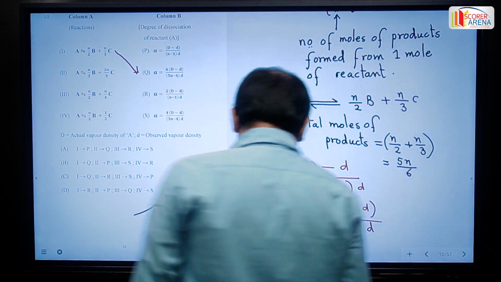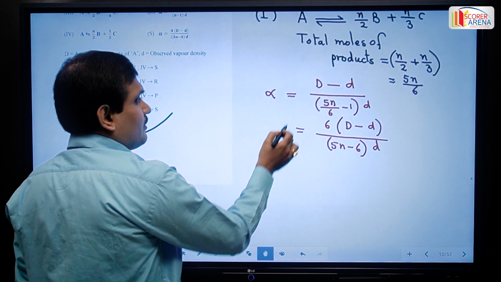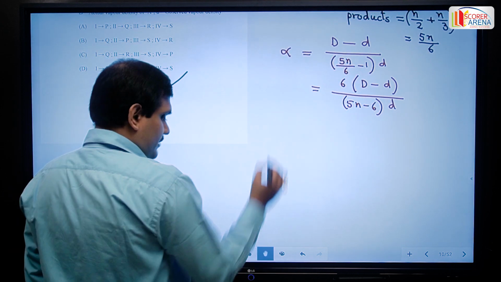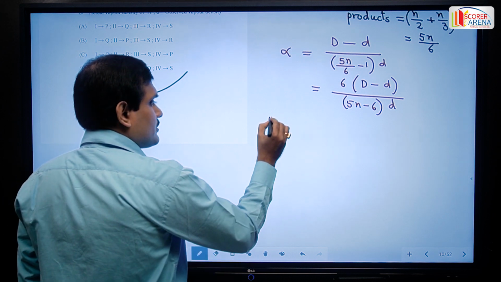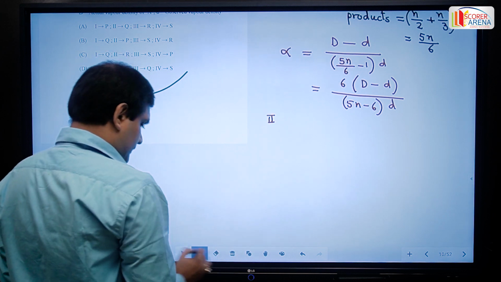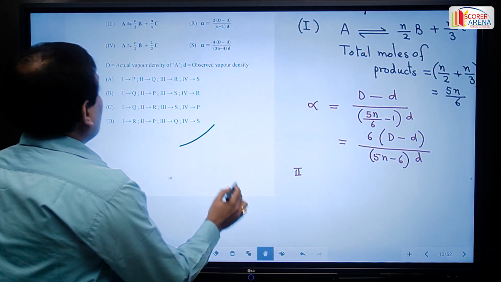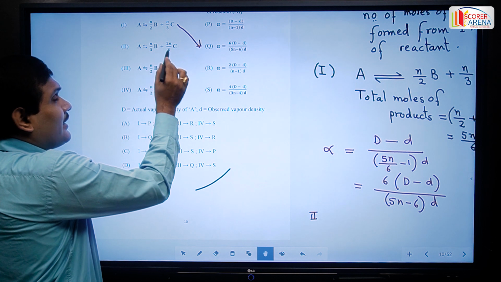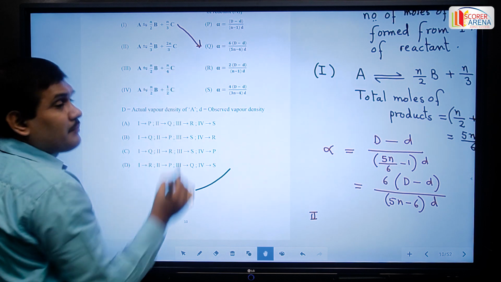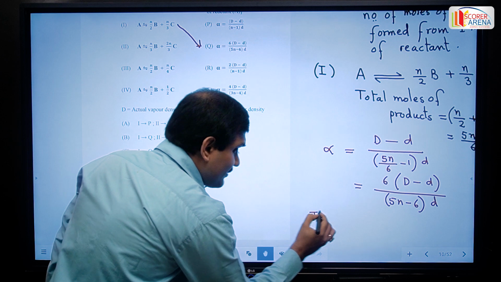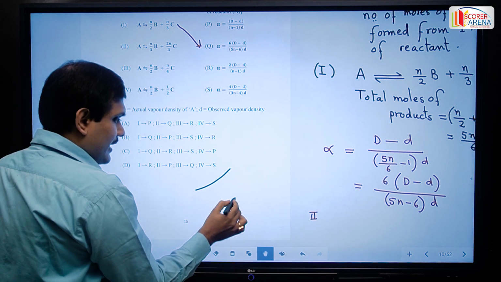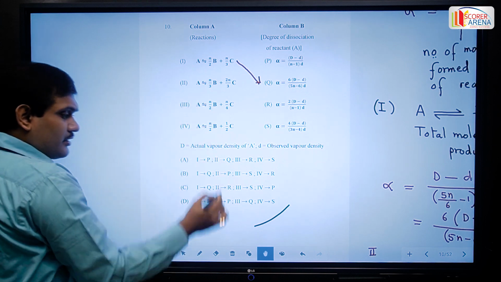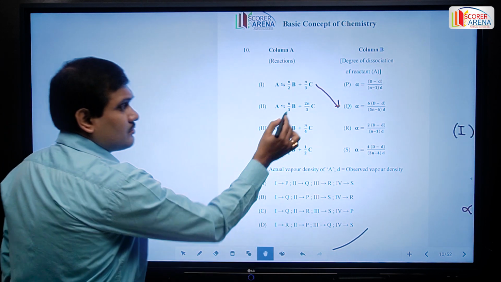Now by the similar way I can find out the other situations. The next situation is reaction 2, where A will produce n by 3 B and 2n by 3 C. So how many total products are formed?